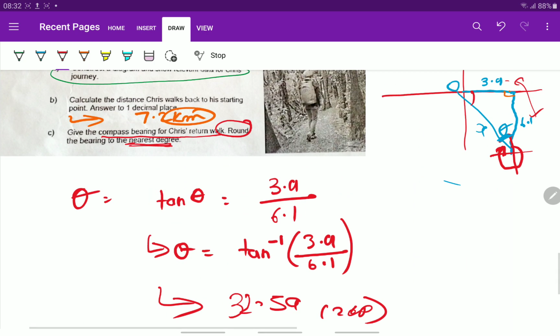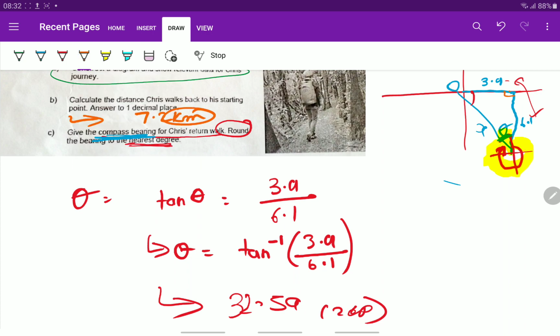Now, they want us to give the compass bearing for Chris's return walk. So what's a bearing? A bearing is whenever you start from the north point and go all the way around until you hit that line. So the bearing is this, not theta, but that angle.